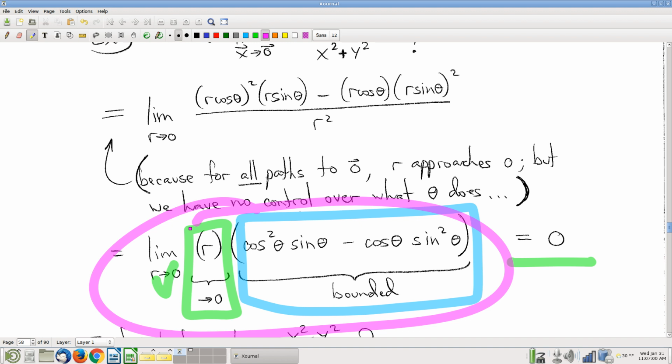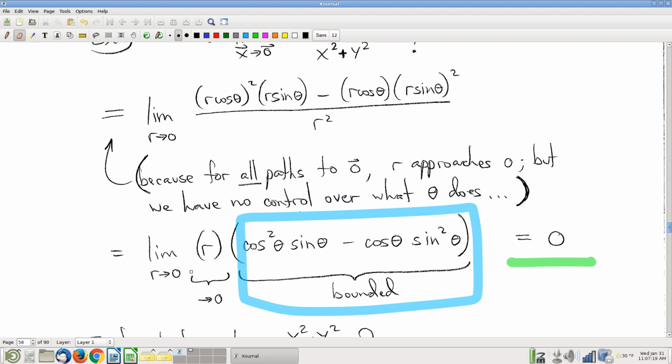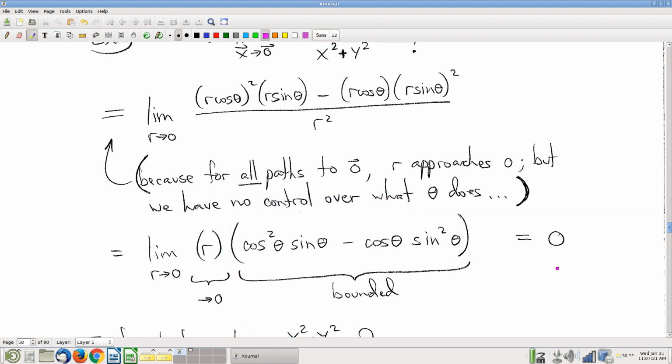Uh-oh. What if theta is approaching 0? Just pick a path where theta approaches 0. Now you've got a problem, right? So this has got to be bounded. And sines and cosines are nasty in a lot of ways, but they are bounded. And this combination of them is bounded. All right, so it's a delicate argument, but in some cases, it crushes the problem.